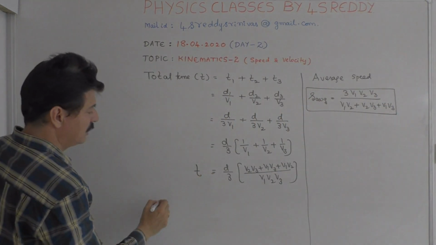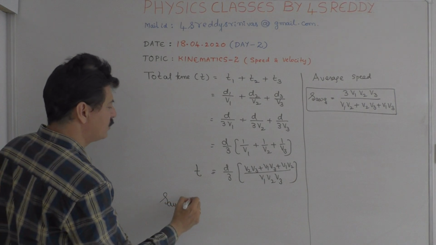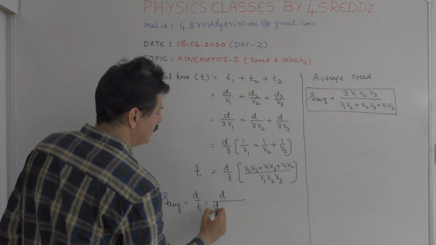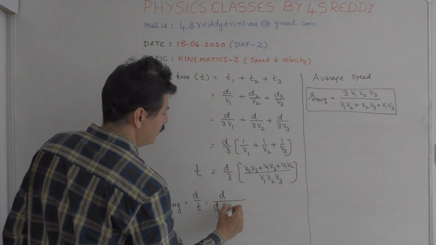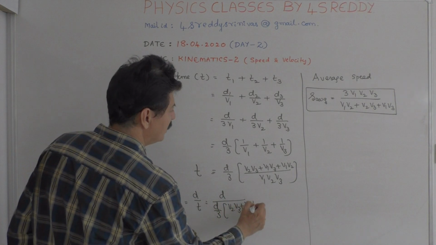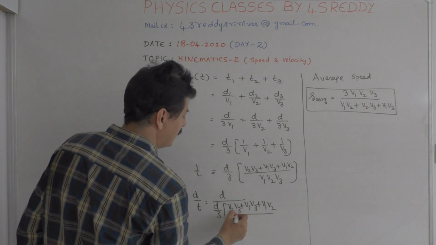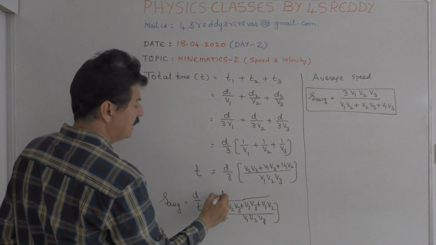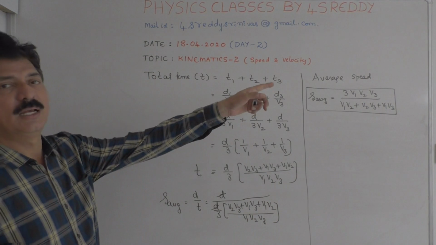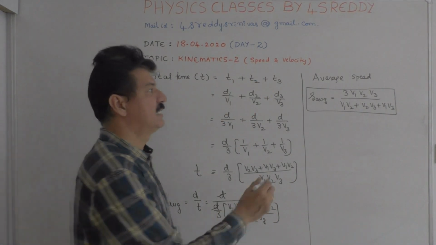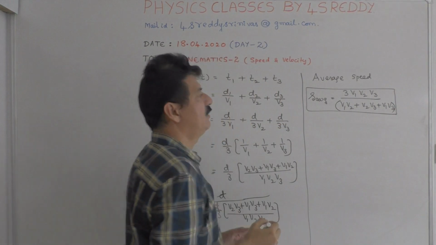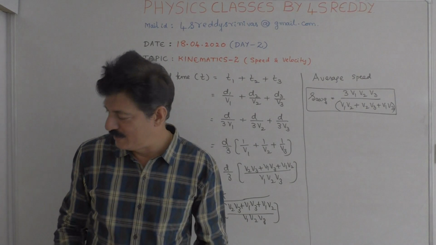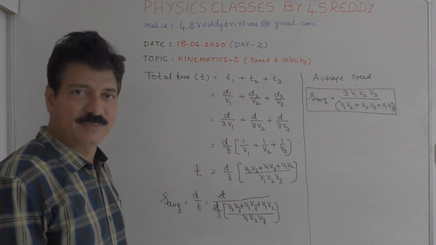Or if you want, S average is equal to total distance by total time, d divided by d by 3 into (v2 v3 plus v1 v3 plus v1 v2) by v1 v2 v3. This d and d get cancelled, so the average speed is given by 3 v1 v2 v3 by (v1 v2 plus v2 v3 plus v1 v3). This is another important concept.